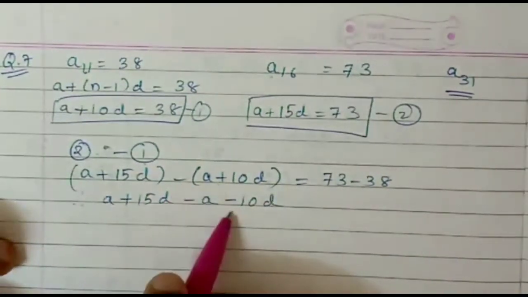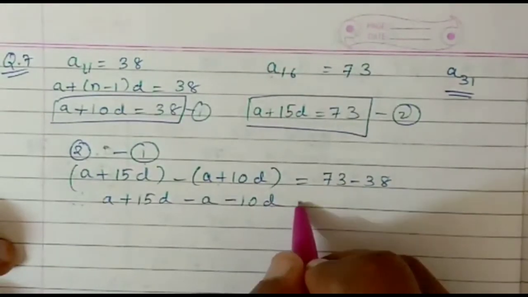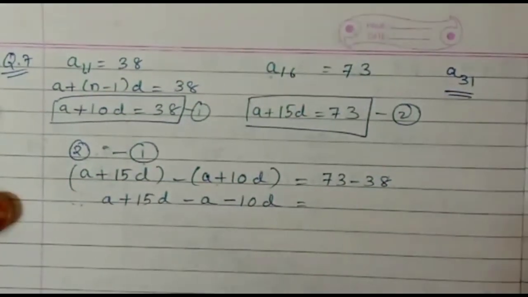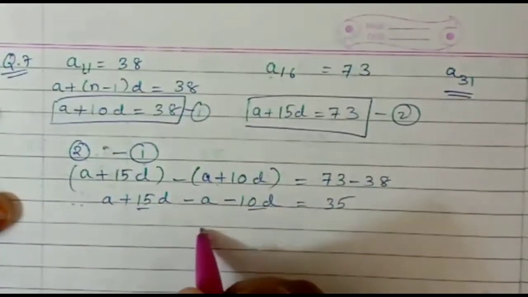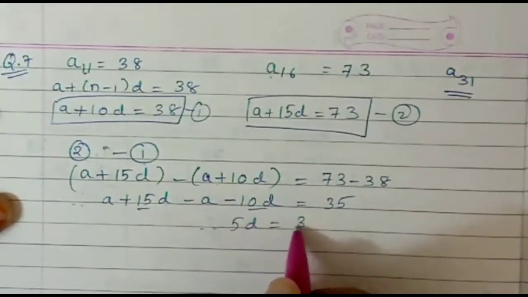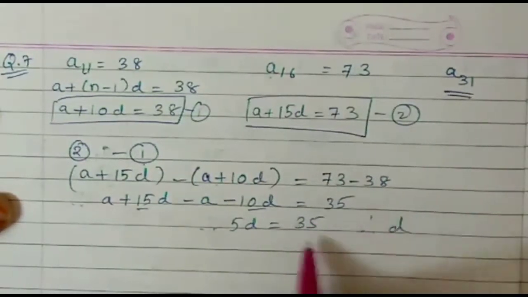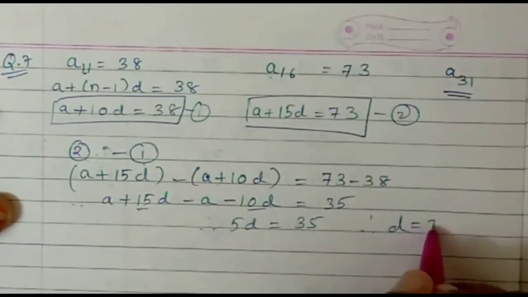This plus minus will become minus, okay? That is equal to 35, right? So here 15 minus 10 will become 5d is equal to 35, and so we will get d is equal to 35 by 5, which is equal to 7.